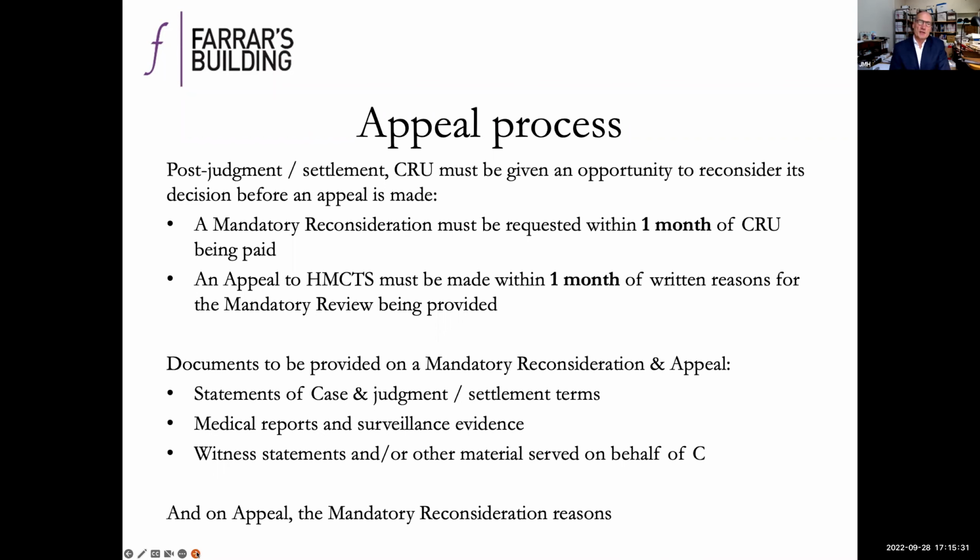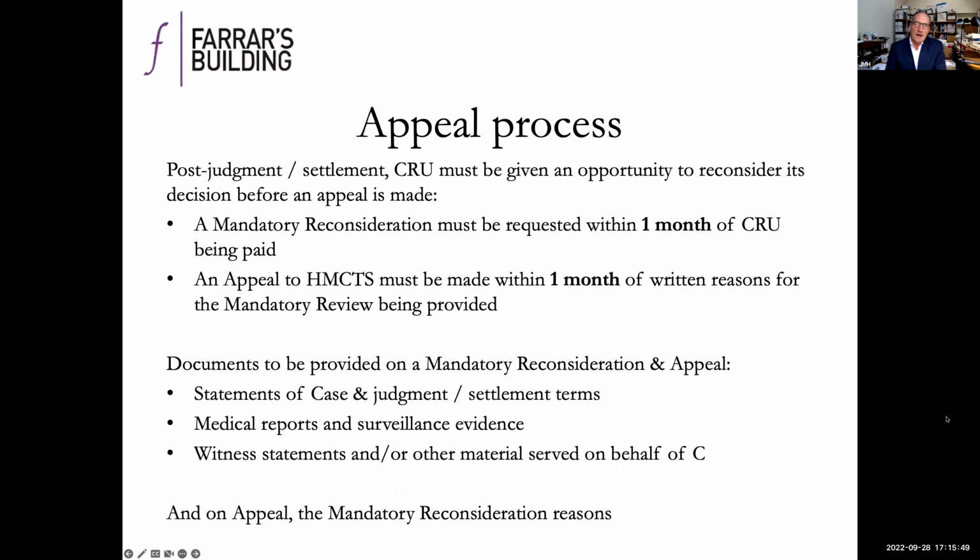And so that mandatory reconsideration must be requested within 1 month of CRU being paid, although time can be extended. And an appeal to HMCTS must be made within 1 month of written reasons for the mandatory review being provided. So those are your two deadlines that you've got to bear in mind.